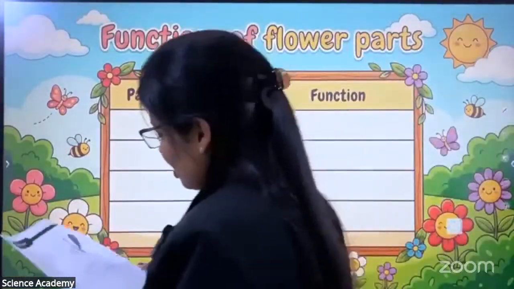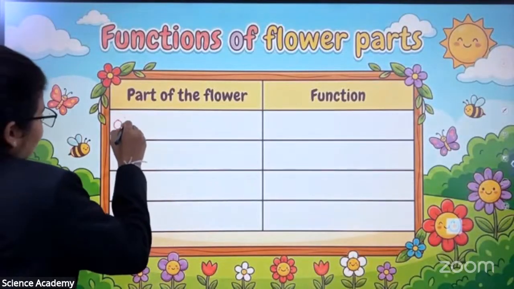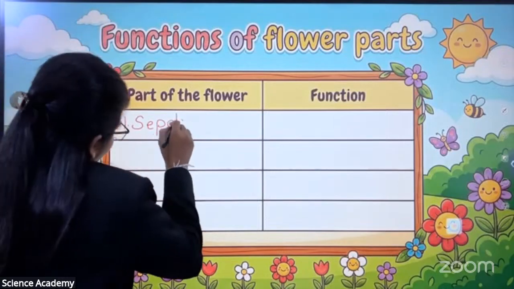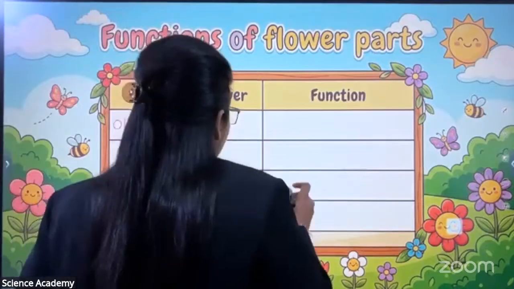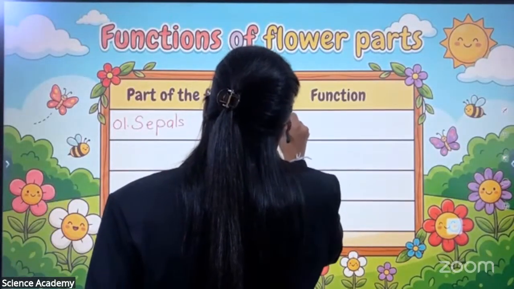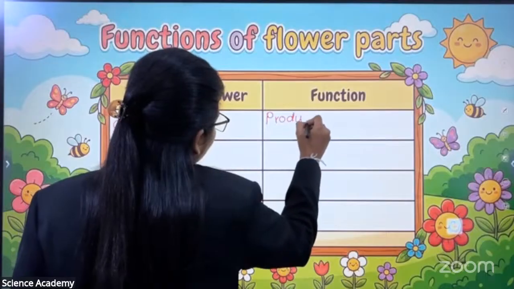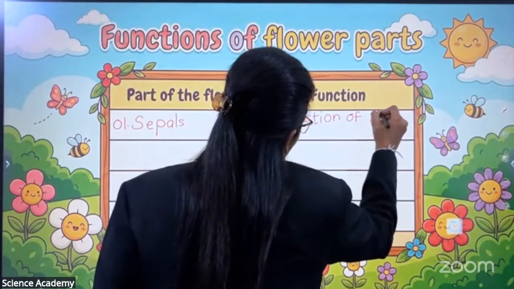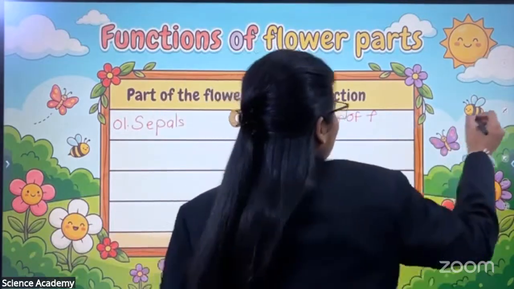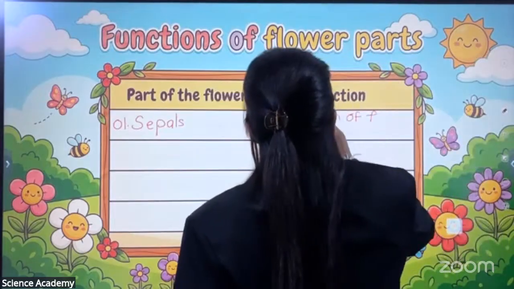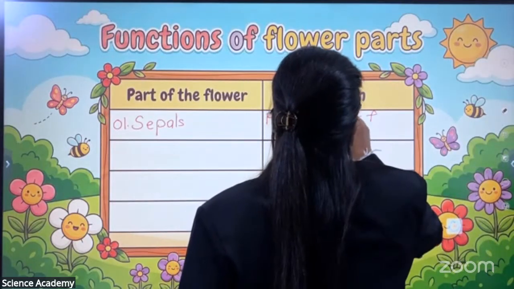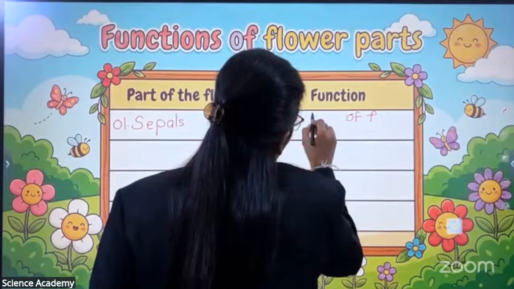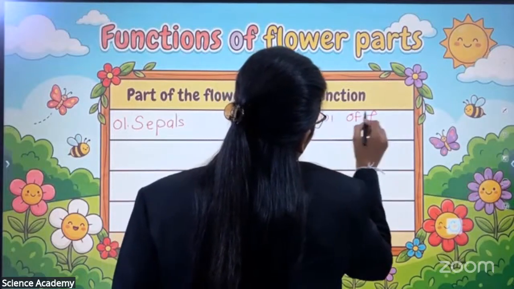Here I am writing the first one, sepals. Here we can write down protection, sorry, not production, protection of flower bud.